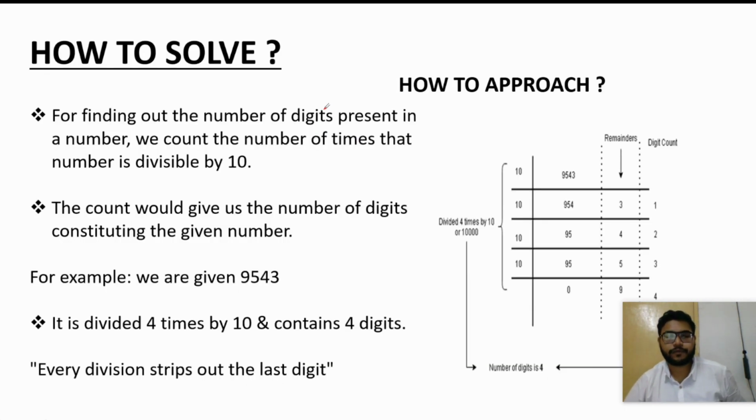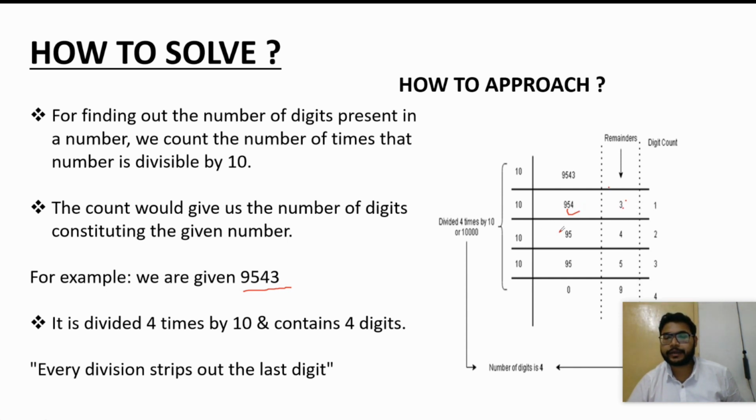Now how can we solve this? We can solve this program by simply dividing the number by 10. For example, we have taken the example of 9543. If we divide 9543 by 10, we get the quotient 954 and remainder 3.